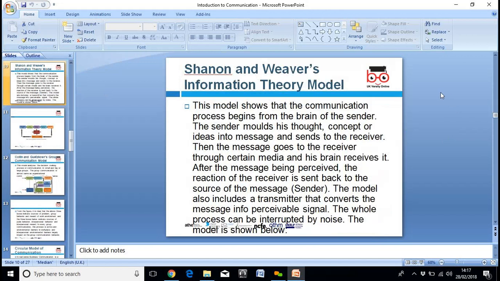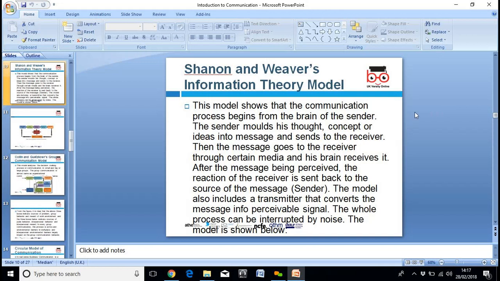Shannon and Weaver's information theory model. This model shows that the communication begins from the brain of the sender. The sender molds his thought, concept, or ideas into the message and sends it to the receiver. Then the message goes to the receiver through a certain media, and his or her brain receives it.